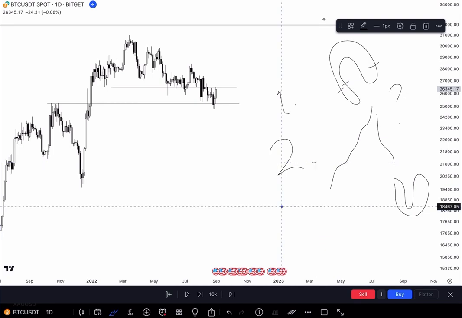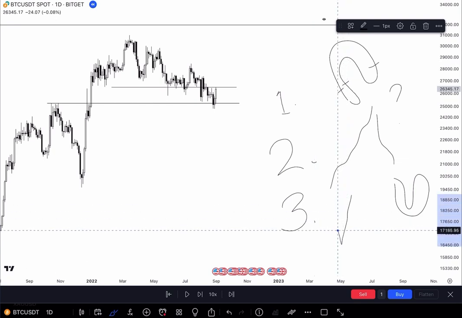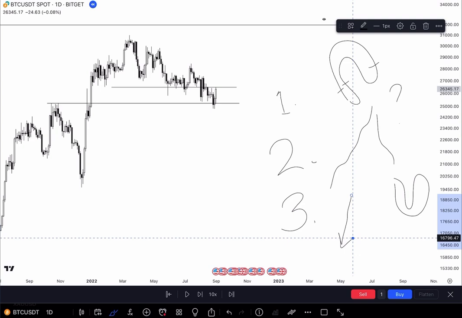Third of all, what is the opposing end, or what is the other side of the draw on liquidity, which you are considering in your assessment highly unlikely to be reached before the draw on liquidity?